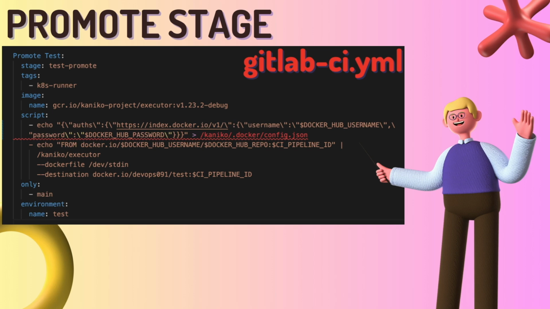The modification here is that we have added one more echo command which tells the Kaniko executor from where the image should be pulled, and the --dockerfile option is set to dev/standard, and for the --destination we have updated it to point to test artifactory for the test promote stage and to prod artifactory in the prod promote stage.